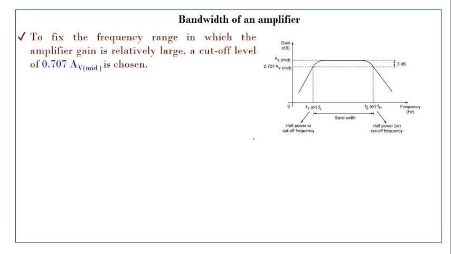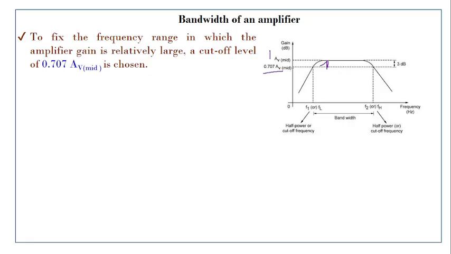This 3 dB point is 70.7 percent of the maximum voltage gain. We can obtain the maximum voltage gain only at the mid frequency, and therefore it is indicated by AV mid. If I consider AV mid as 1, this point would be equal to 0.707 times AV mid, exactly 3 dB down.